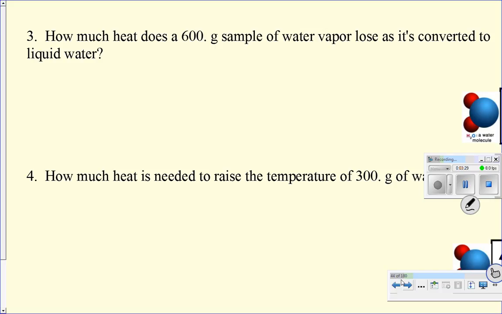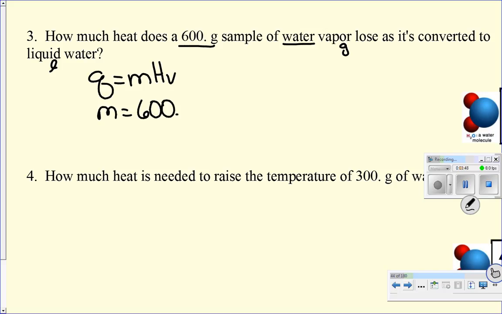How much heat does a 600-gram sample of water vapor, water is important, lose as it's converted to liquid water? So we're taking vapor, which is a gas, and turning it into a liquid. So this is another Q equals mHV. We have a mass of 600 grams. We have a heat of vaporization of 2260 joules per gram.